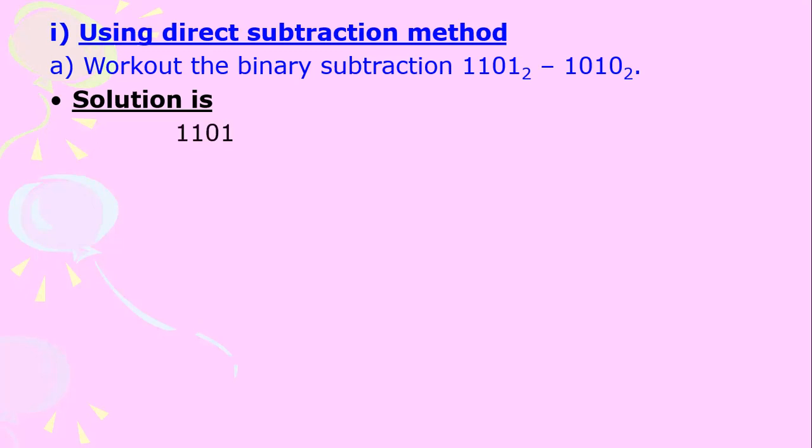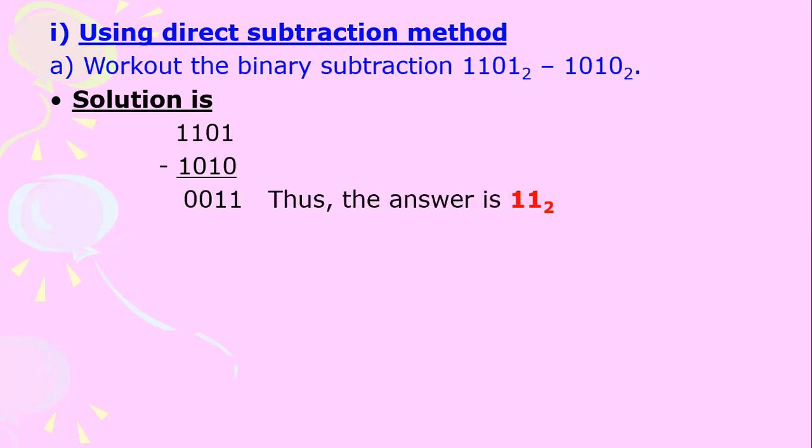Get your first number, which is 1101. Subtract 1010 from it. So you organize them in this order, in the order of their significance. So 1 minus 0 is 1. 0 minus 1, you find that 0 is less than 1.